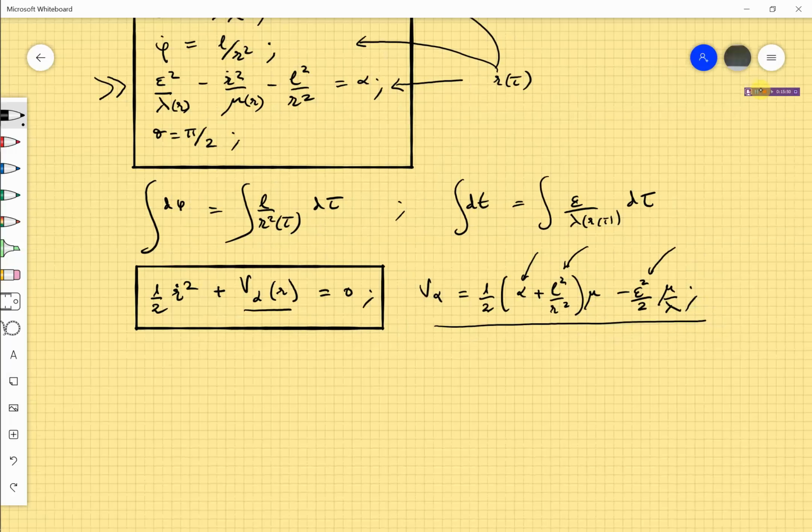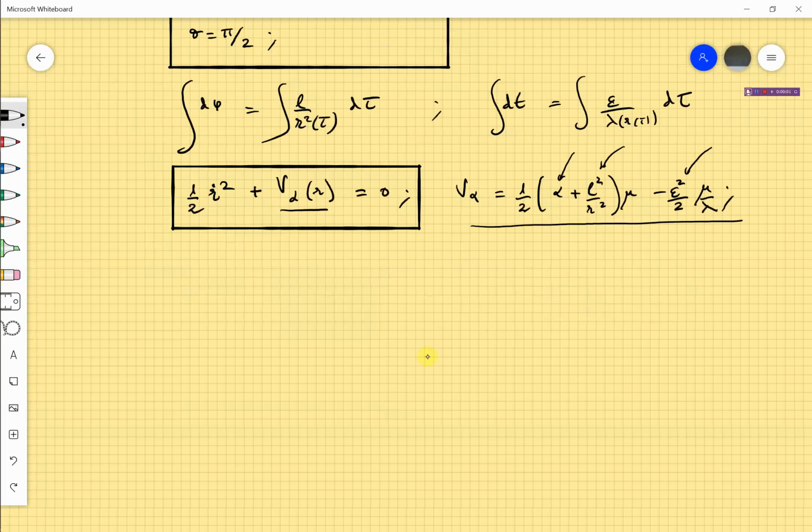Okay, if you know that the total energy is like this, you just study the potential, you find the minima, and then you know qualitatively how the particle moves. And then this effective motion we can translate into the real motion in this four-dimensional space-time. This is what we are going to do.